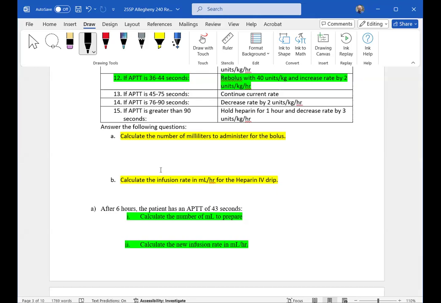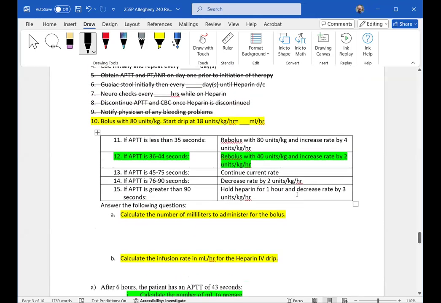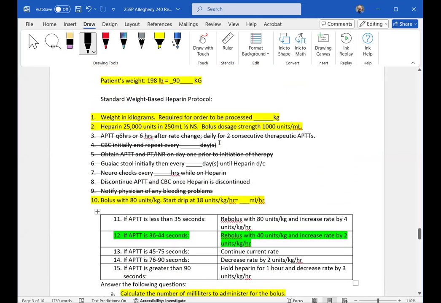I know at least you, Alina, were there last semester and went through some of that. So go back to the packet I made for this semester, and if you feel like you need it, practice more of the heparin protocol. But let's go ahead and go through this.